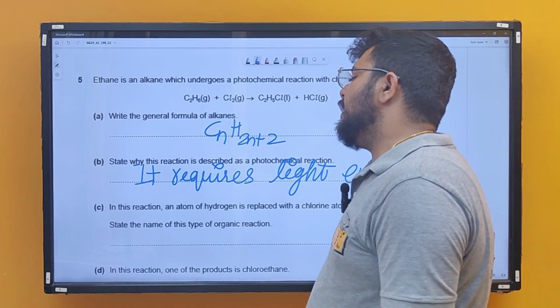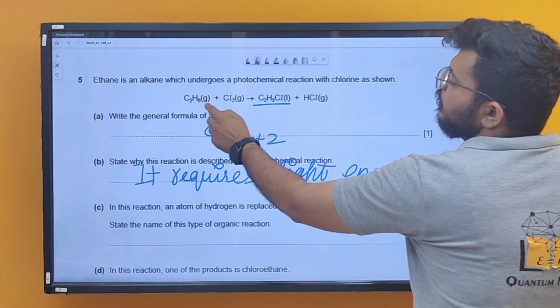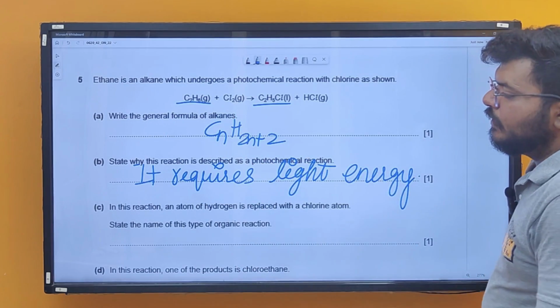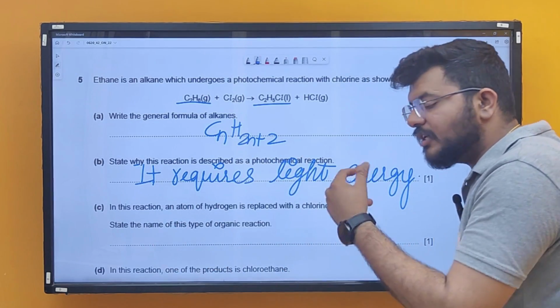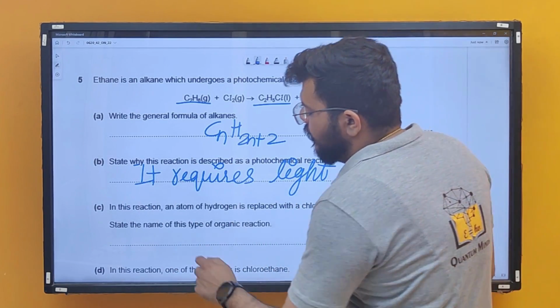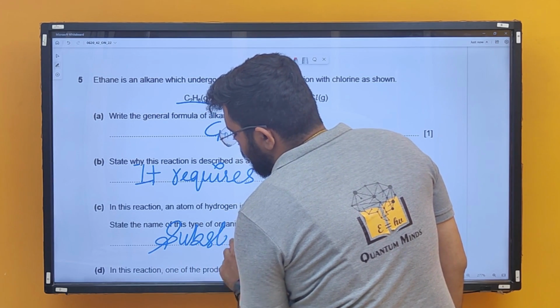Okay. In this reaction, an atom of hydrogen is replaced with an atom of chlorine. Right? State the name of this type of organic reaction. Substitution. Chlorine substitutes in place of hydrogen. So the reaction is substitution.